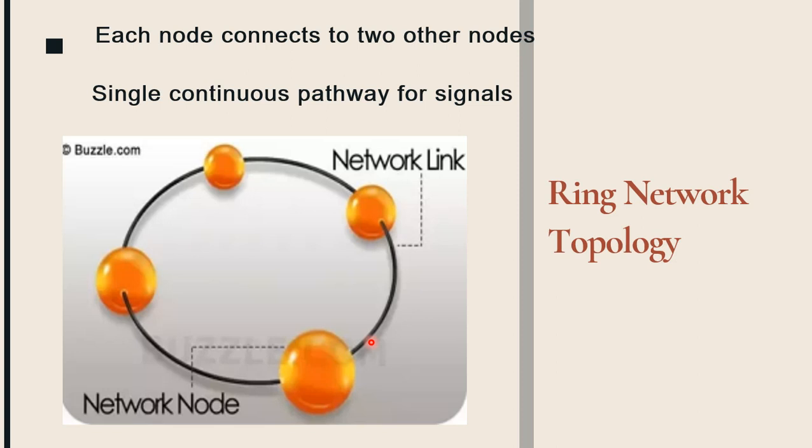Apart from the types which I mentioned in both the earlier lecture and this lecture, there are many more network topologies that exist, but I will not go deep into that topic. I will stop here with explaining these four different types of topologies: bus network topology, star network topology, mesh network topology, and ring network topology. These are the four important network topologies.